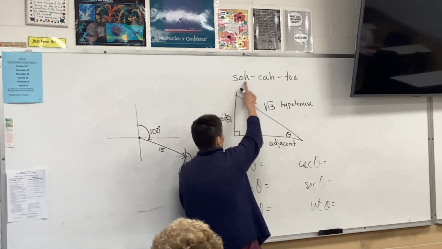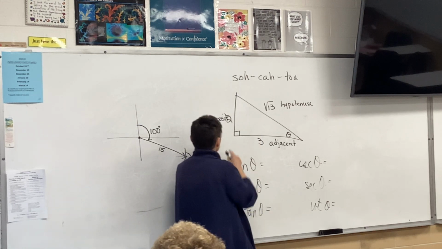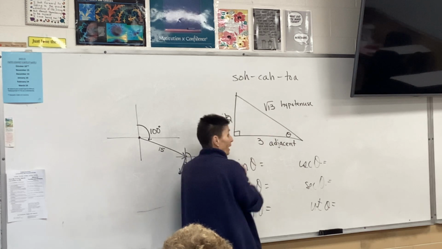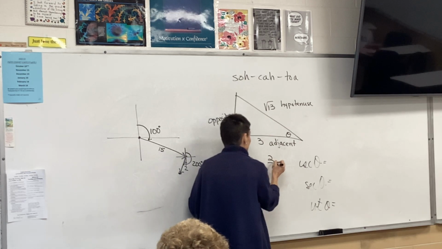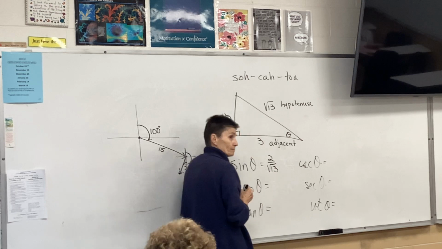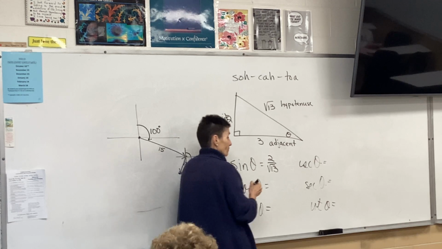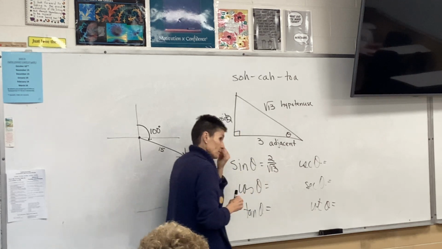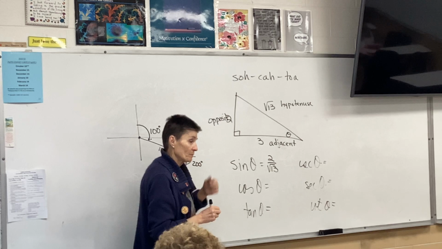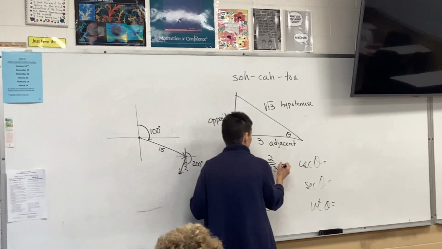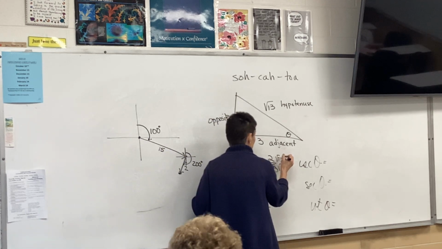Sine is opposite over hypotenuse. So opposite over hypotenuse would be 2 over root 13. Now, am I allowed to have a radical in my denominator? Nope. So I'm going to multiply the top and the bottom by root 13.